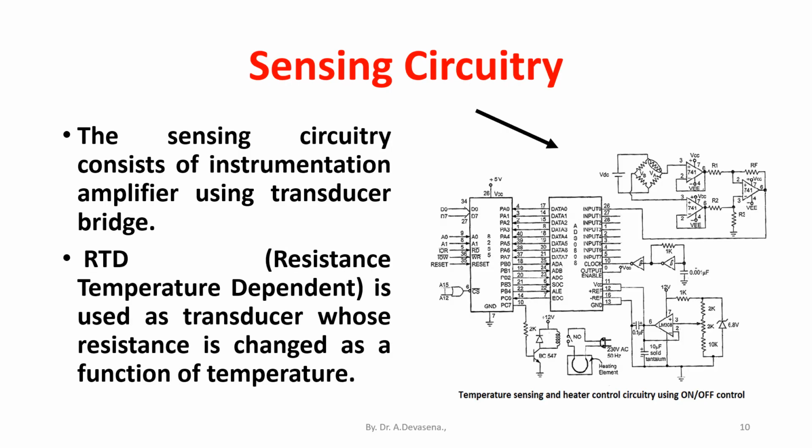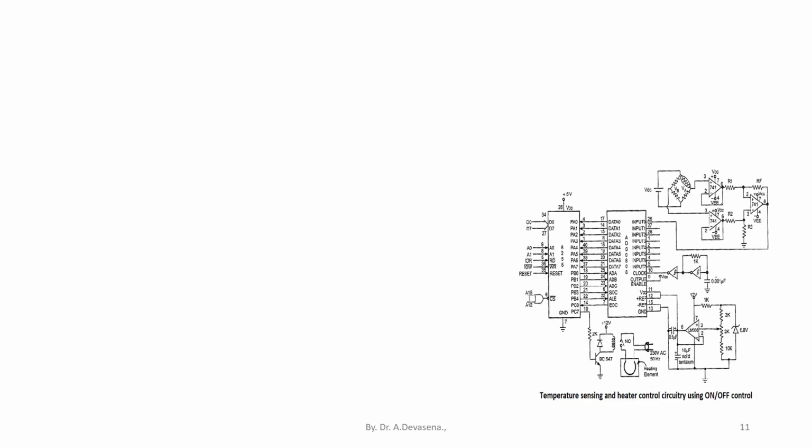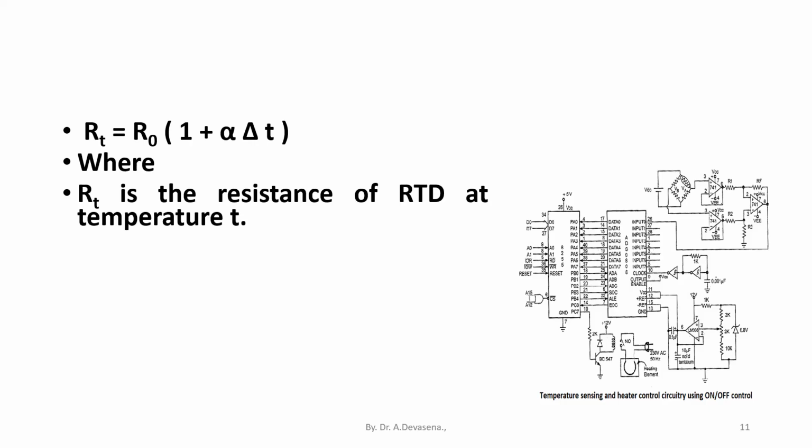RTD, that is resistance temperature detector, is used as the transducer whose resistance changes as a function of temperature. R_T is equal to R0 into (1 plus alpha delta T), where R_T is the resistance of the RTD at temperature T. Alpha is the temperature coefficient of the RTD.